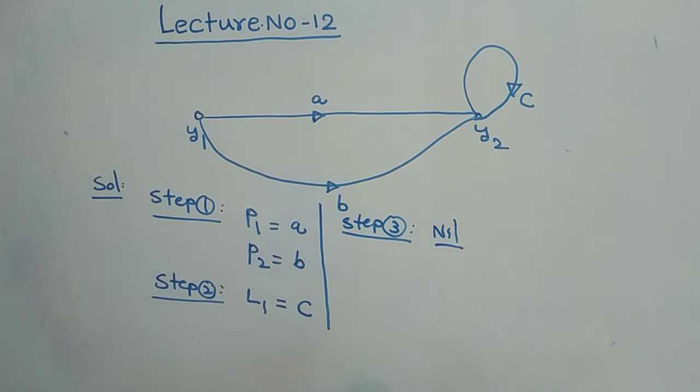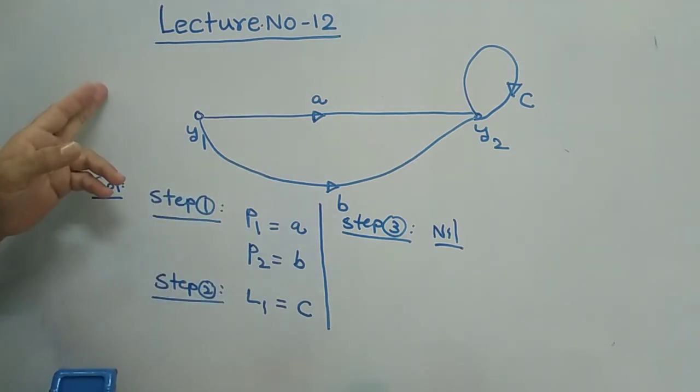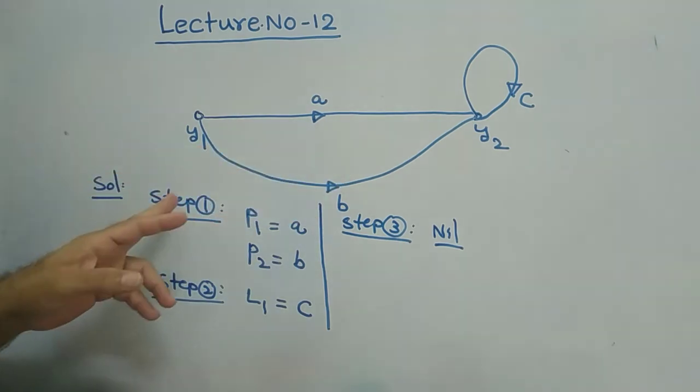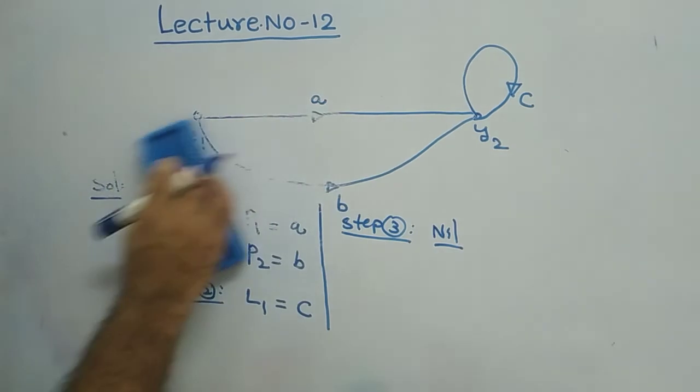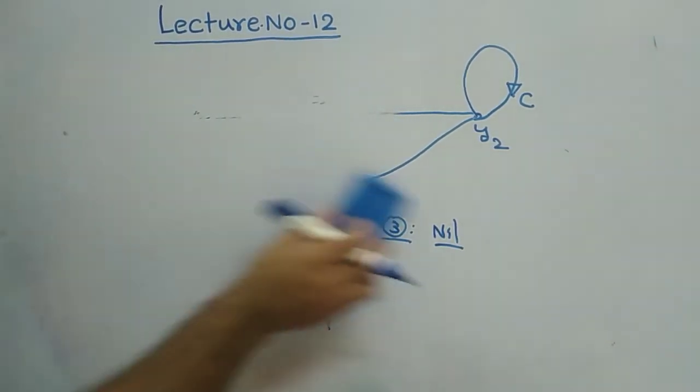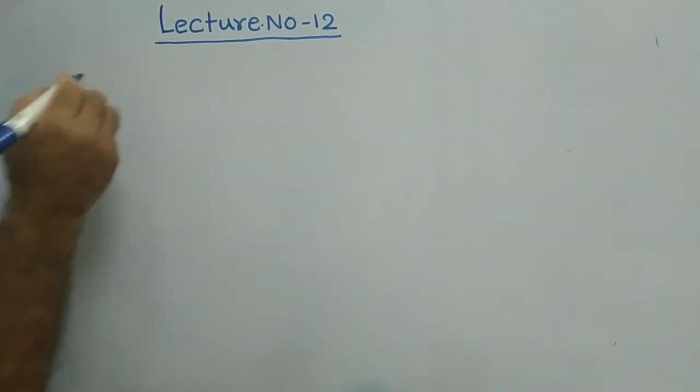Now, coming to step number 4. Step number 4 is nothing but finding the transfer function with the help of step 1, step 2 and step 3. By substituting the values which we have obtained in these 3 steps, that gives your final answer.